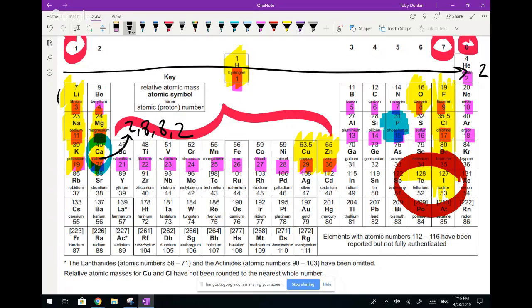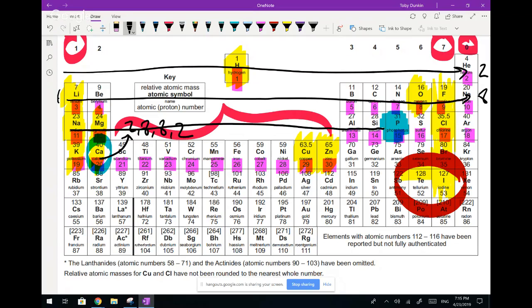If I look at the next row, there are also 8 elements in that period. And then if I move across, 1, 2, 3, 4, 5 to phosphorus. And there is its electronic configuration. So phosphorus is 2, 8, 5.